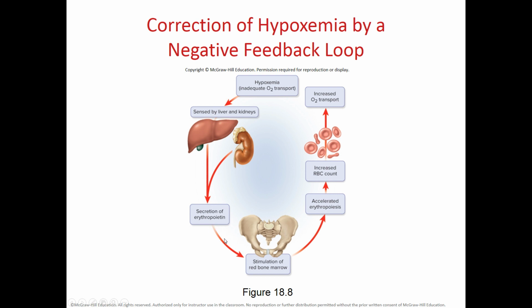And then that goes into the circulatory system, reaches the bone marrow in any of the bones with red bone marrow, and then you start producing this erythropoiesis, and then you increase your red blood cell count, you increase your oxygen levels in your blood, and then you break down this feedback loop because you reach homeostasis.